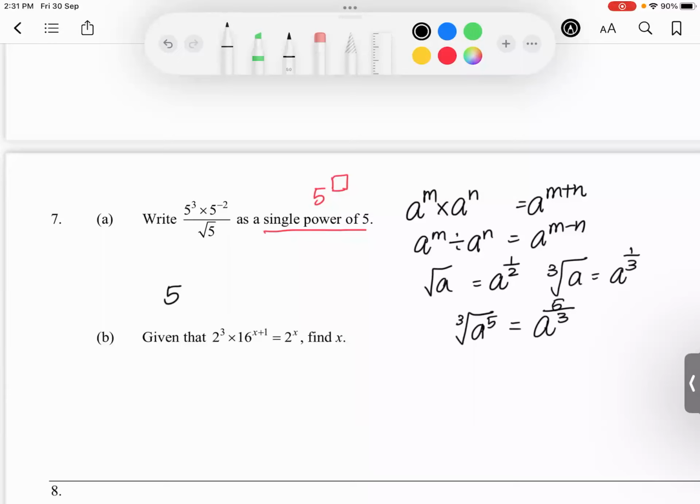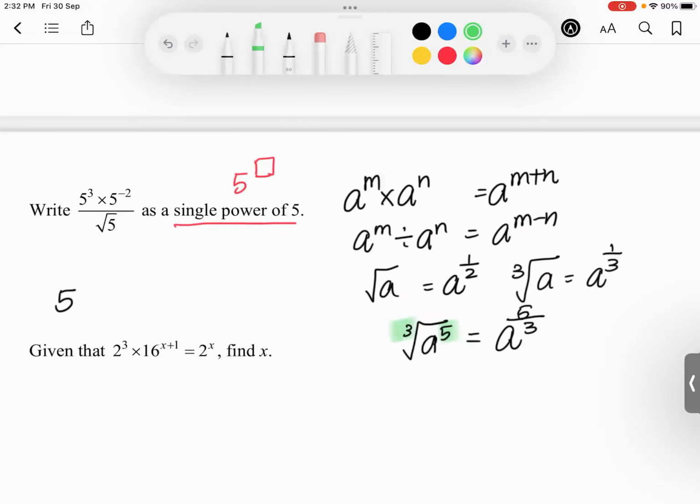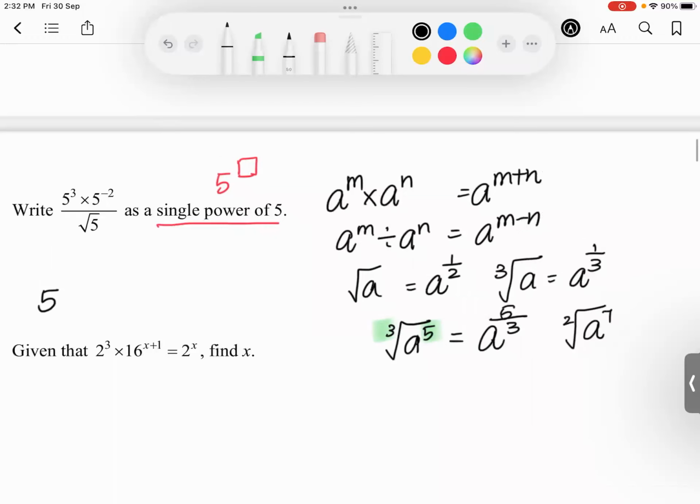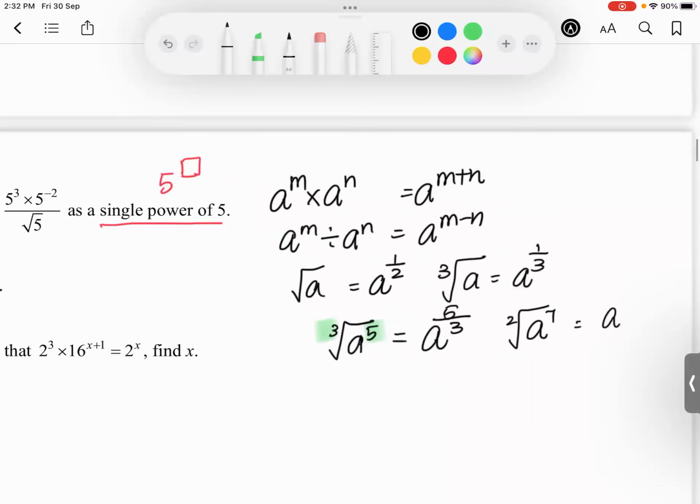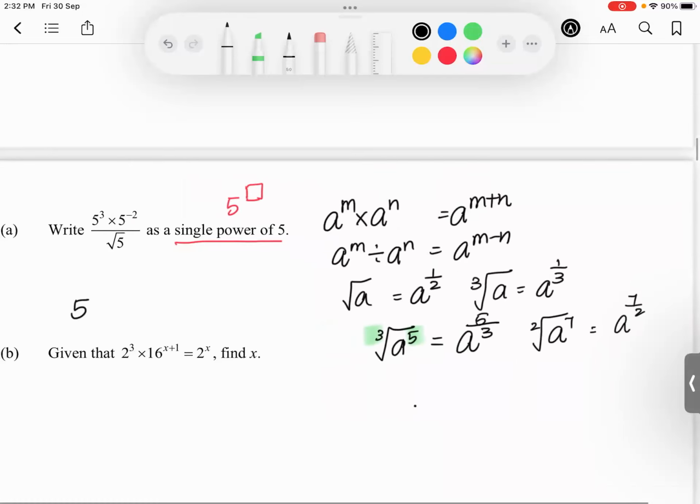Whenever we take root, we are dividing the power by something. So my original power is 5, and I'm dividing the power by 3. For example, what will be a to power of 7/2? I take my original power 7 and divide it by 2. So this is what root power means.